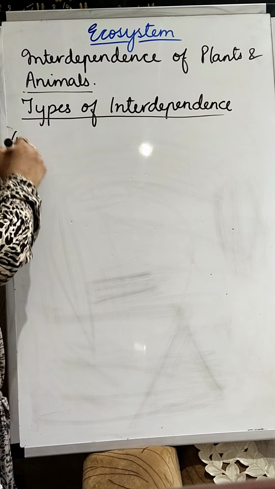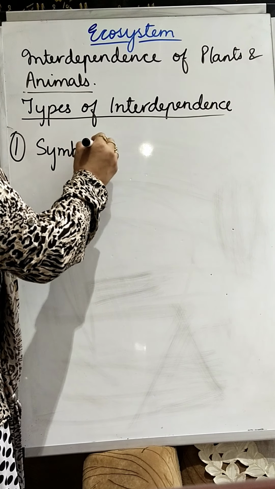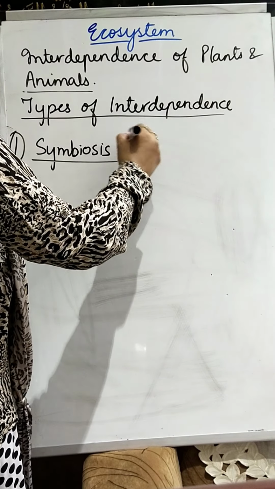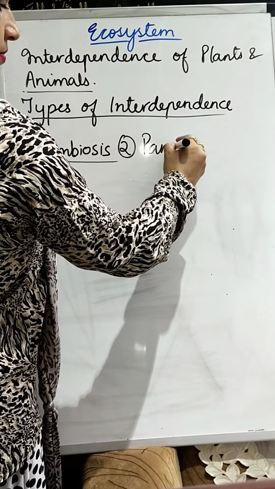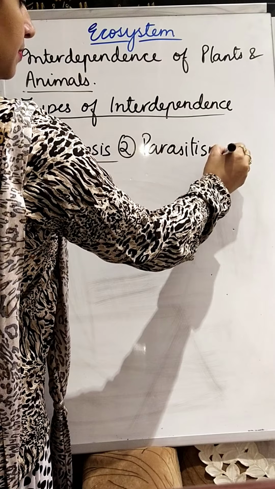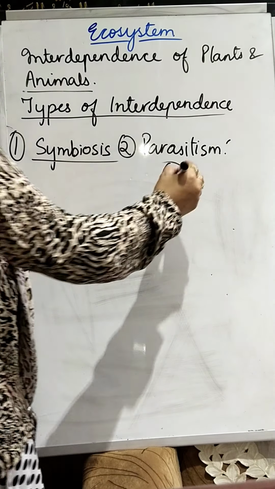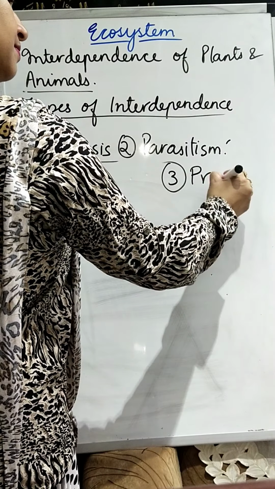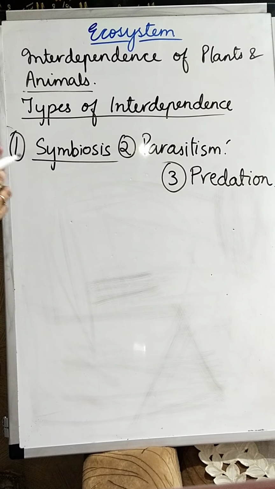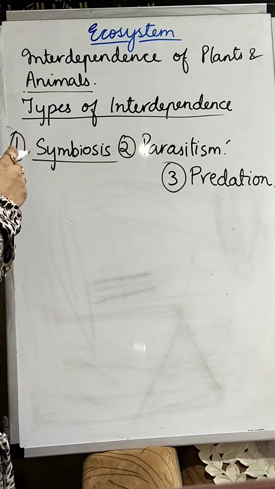So these different ways are symbiosis, second is parasitism, and the third is predation. So these are the different types of interdependence which organisms show.